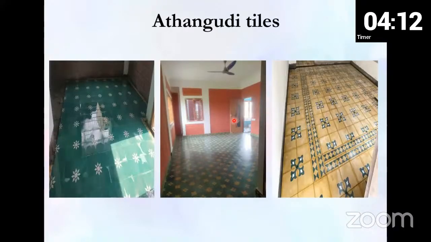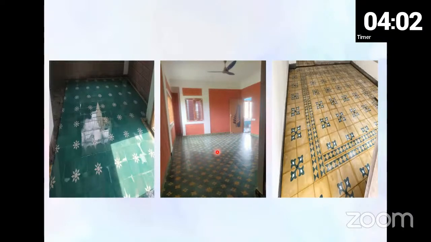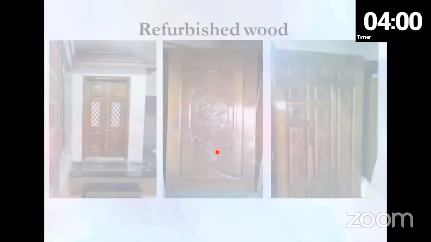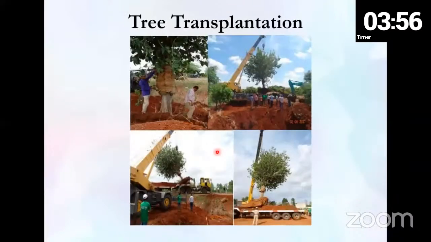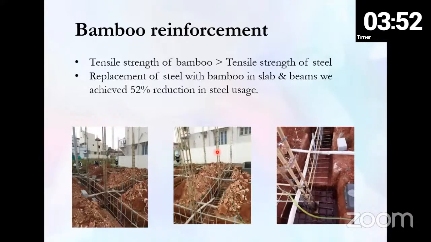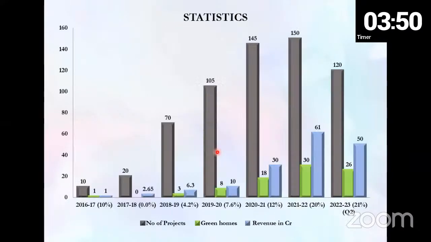And these are some additional concepts incorporated inside the green home to reduce carbon emission. These are Athangudi tiles, refurbished wood, tree transplantation so we are not harming the natural habitat, and bamboo reinforcement. Yes, those are the additional concepts.